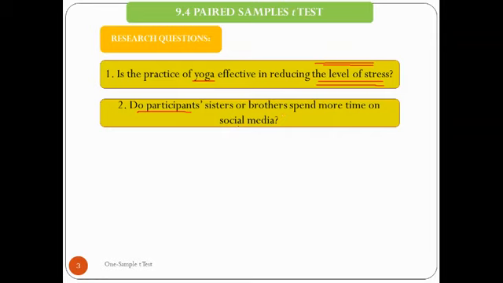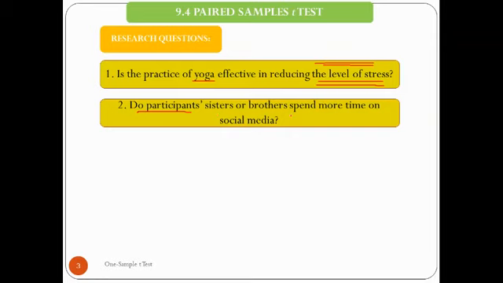For example, on average, how much time they spend on social media per day. So basically, each child has a pair of sister and brother. Another child has another pair of sister and brother. Another child has a pair of sister and brother.